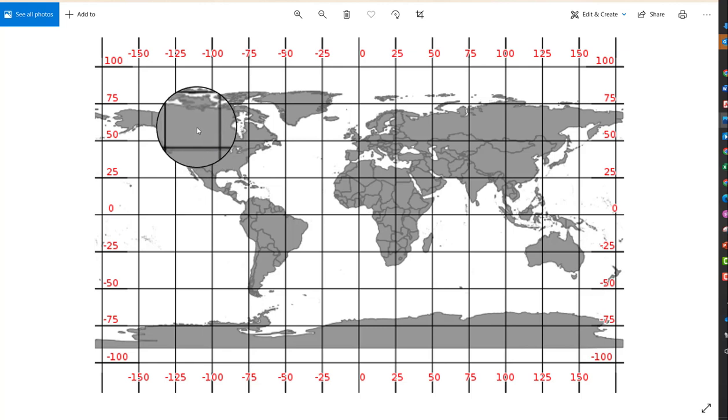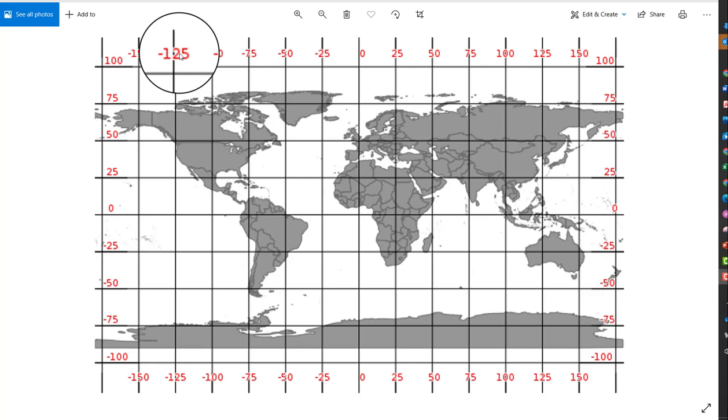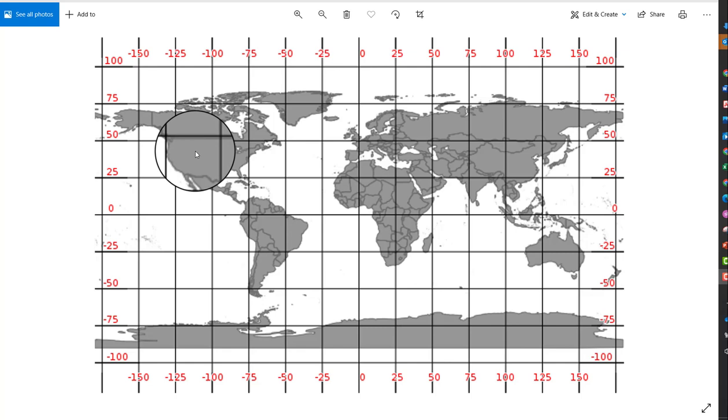It's always important to keep context in mind from a big picture. If you're looking over here in the western United States, then you're going to be somewhere between negative 125 and negative 115. Those are the general numbers you'll expect to see for your longitude, and for your latitude, you're going to expect to see somewhere between 50 and 35.